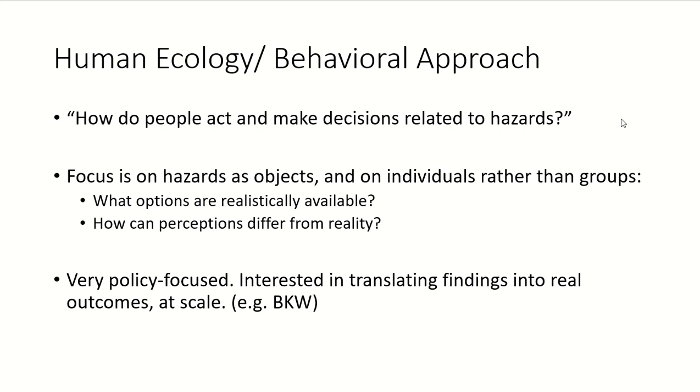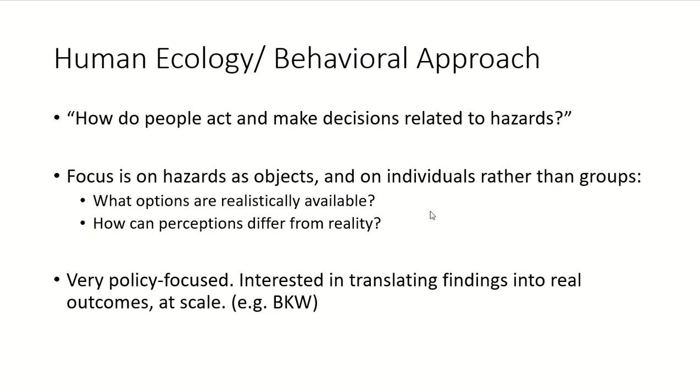The key underlying question here: how do people act in the face of hazards, and how do they make decisions related to those hazards? The focus of this work is on hazards as objects and on individuals as the decision makers, rather than any kind of groups. The underlying questions: what options are realistically available?